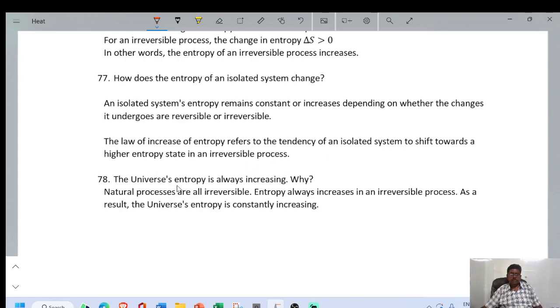The universe's entropy is always increasing. Why? All natural processes are irreversible. We know that in an irreversible process, entropy increases. Therefore, the entropy of the universe is always increasing.